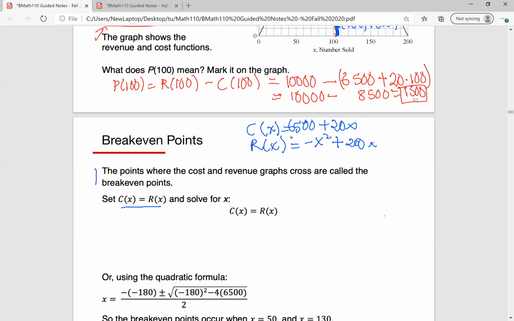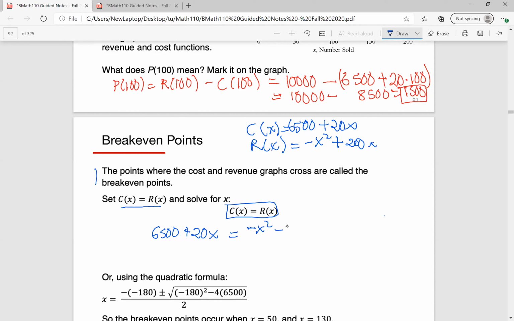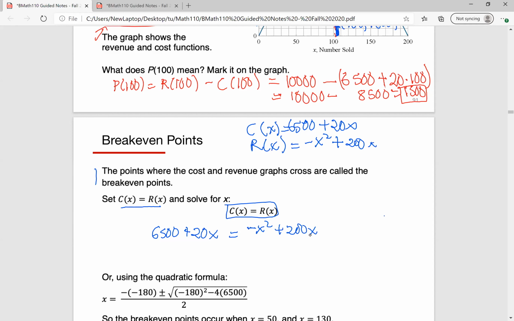Okay, so now I'm going to set these equal to each other, right? Now I substitute. I have 6,500 plus 20x equal to negative x squared plus 200x. So I'm going to add both sides by x squared, right?